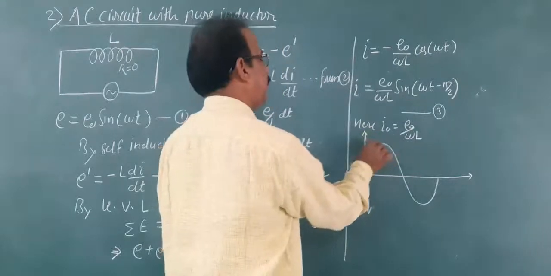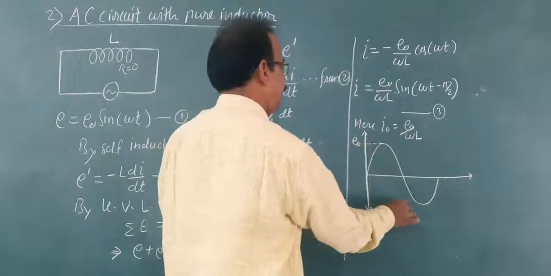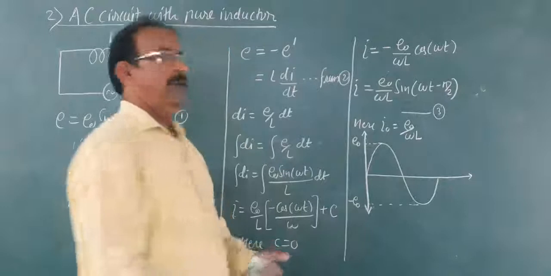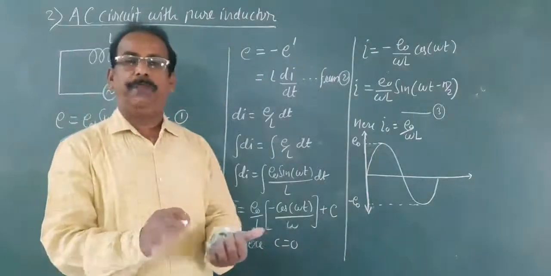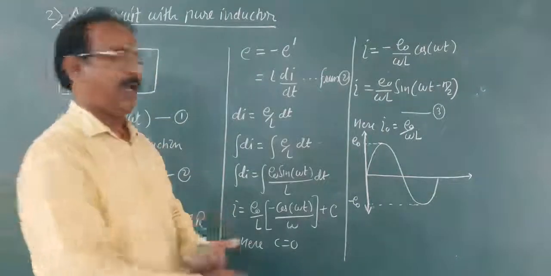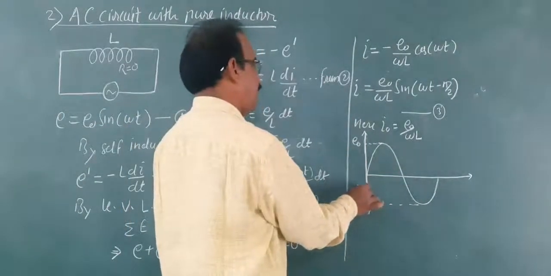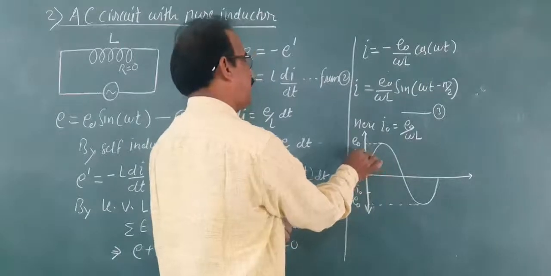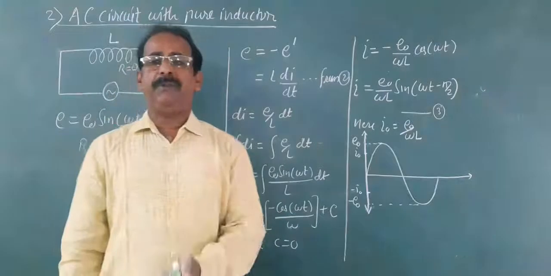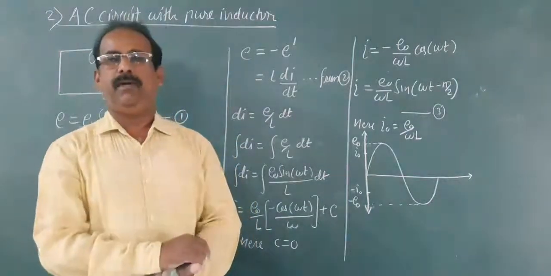This value is plus E0 and this value is minus E0. Current is varying here periodically between minus I0 and plus I0. Suppose here is minus I0 and here is plus I0. Current lags behind the EMF by pi by 2 radian.